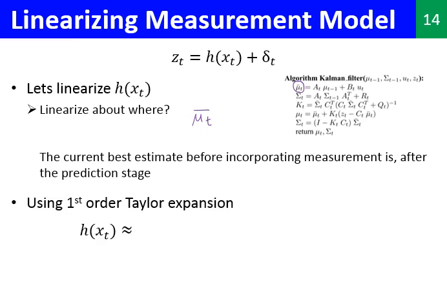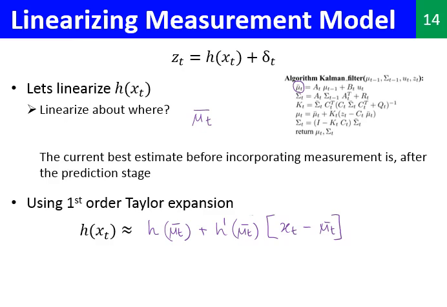Using first order Taylor expansion, we can write h of xt approximately equal to h of mu t bar plus h dash evaluated at mu t bar times xt minus mu t bar.